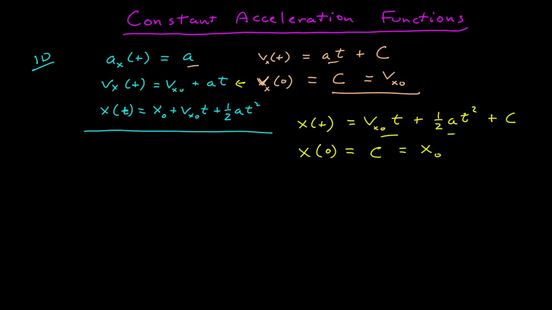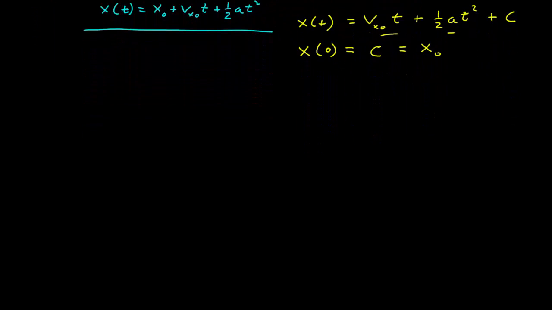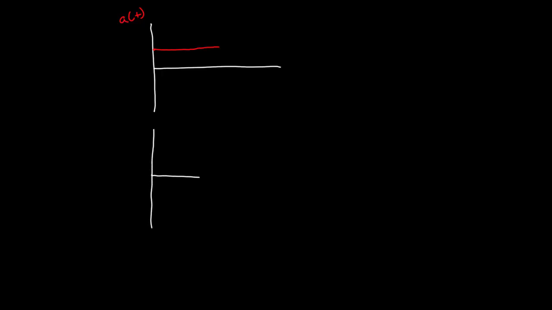Let's look at a graphical representation of what these might look like. If I have some positive acceleration that's some constant, say I have a car that's accelerating, so this is a of t, it has some constant positive acceleration. To get my velocity, I have to know what my initial condition is.